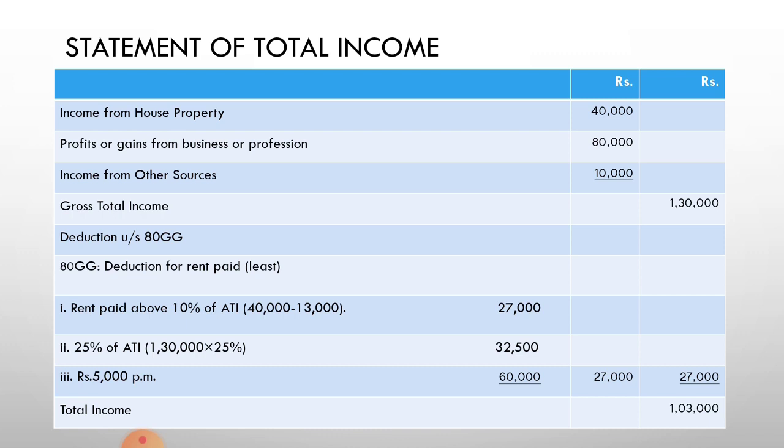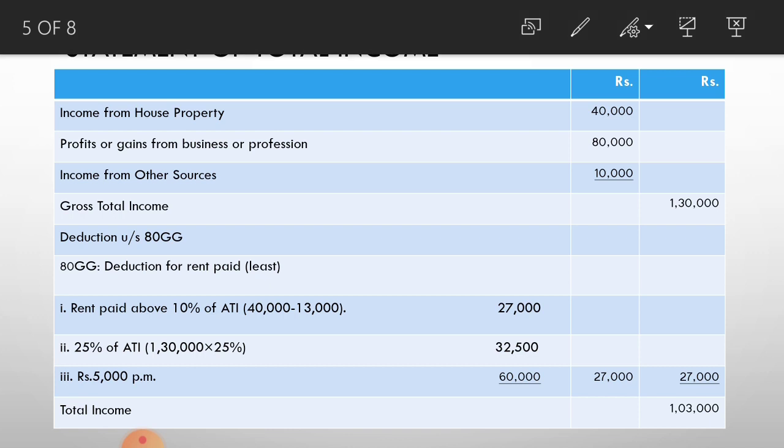Income from house property 40,000, profits and gains from business or profession 80,000, income from other sources 10,000. The total of these 3 items amounts to rupees 1,30,000. This is your gross total income.